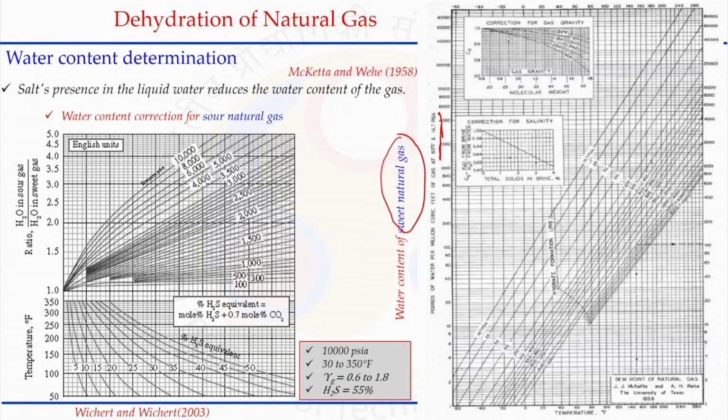We can read this chart and say, for example, we have a natural gas at 60 F and a certain pressure, let us say around 2000 psi. This is the 2000 psi line here, and at this point we can read the amount of water content held by the natural gas at that condition.